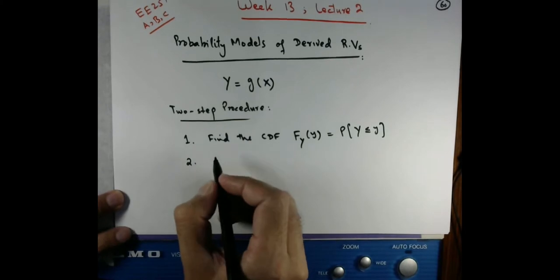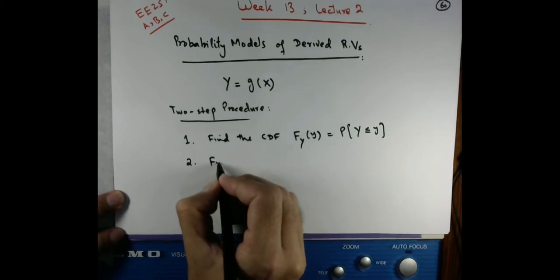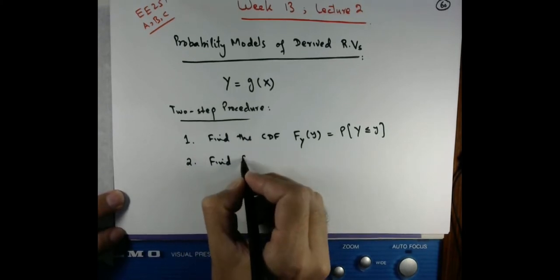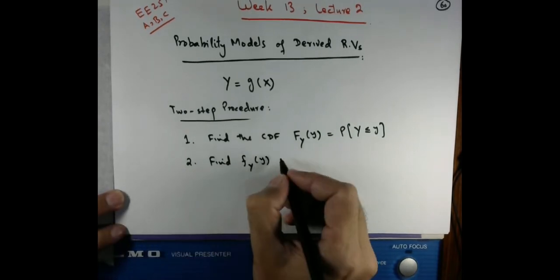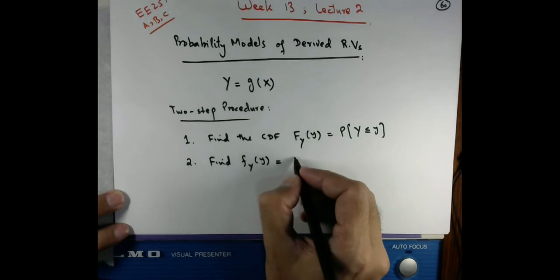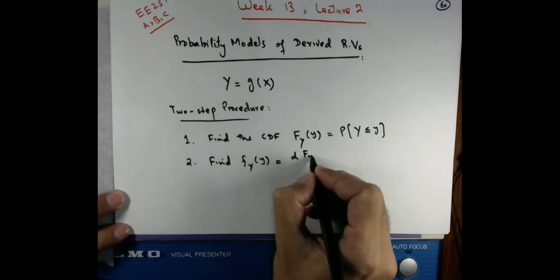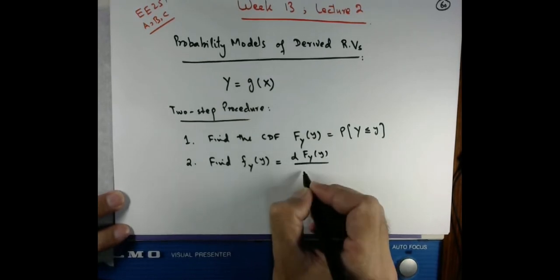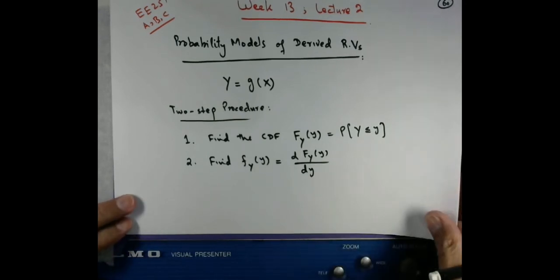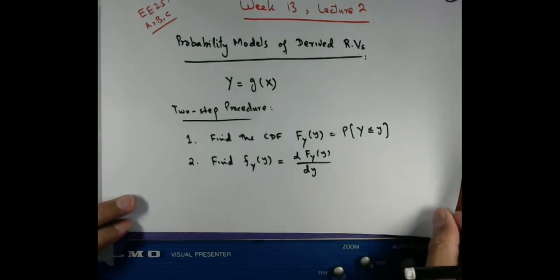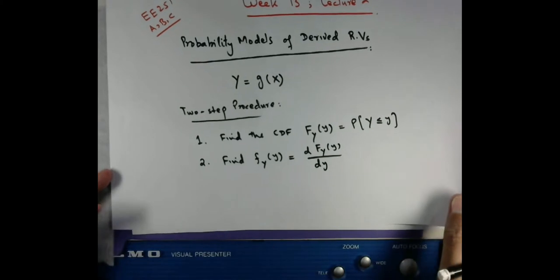And in the second step, we find the PDF of the derived random variable, and you know this is obtained by differentiating the CDF with respect to y. So we will follow this two-step procedure to find the PDF of the derived random variable Y.